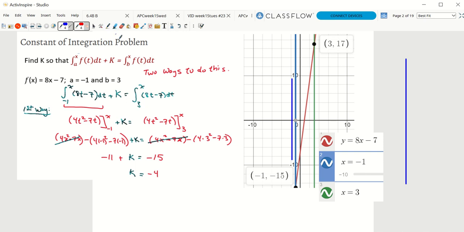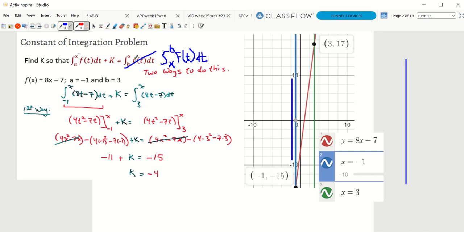So I'm going to clean this up right here and switch this around. It's just easier to conceptualize this way.